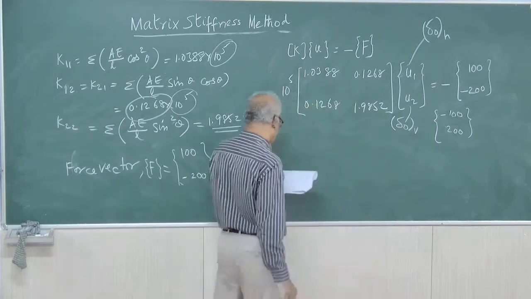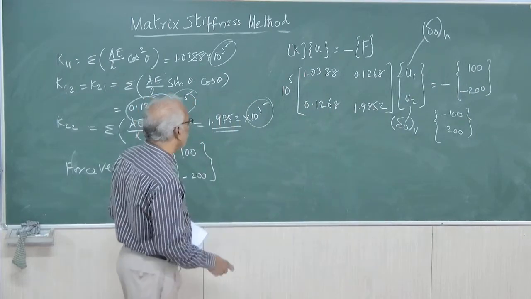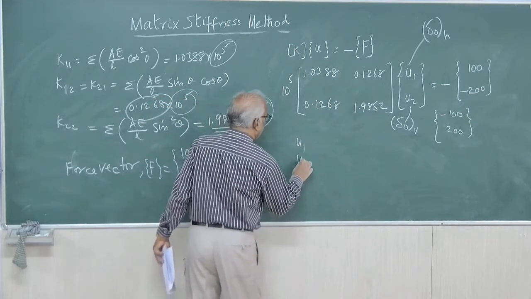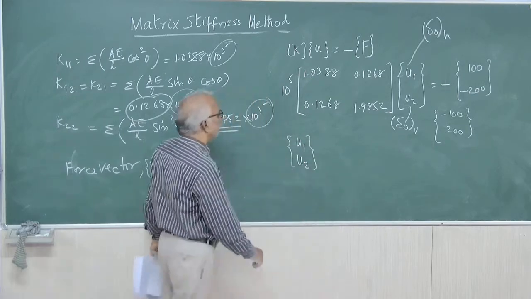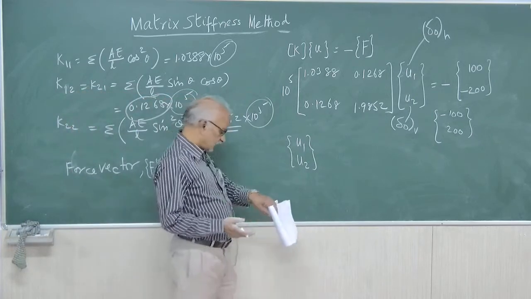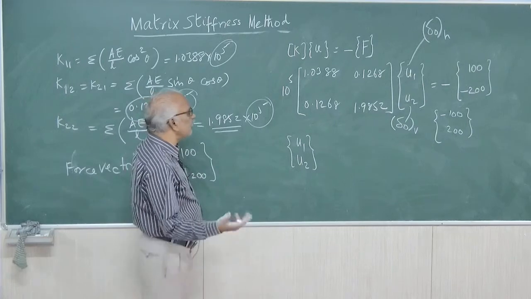Right. That is about the basic equilibrium equation. Then we have to find out the value of U1 and U2. I think the viewers can do it, because we have already taken a lot of time. So I leave the inverting of this matrix to the viewers.